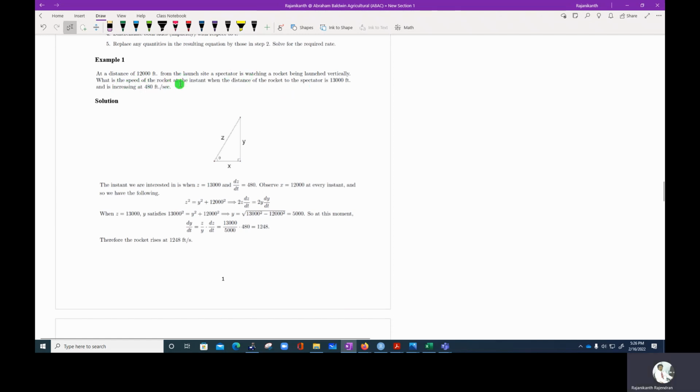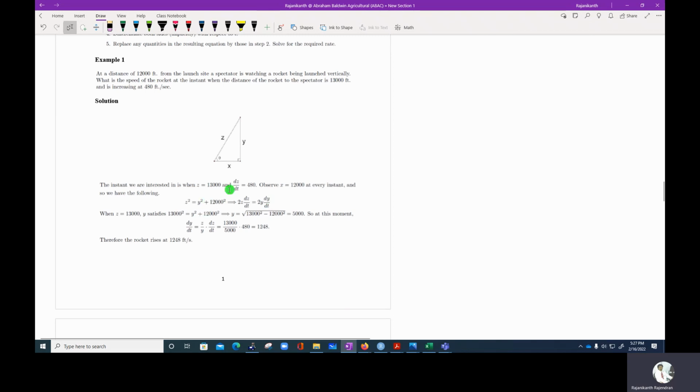We need to find the speed of the rocket. The rocket is launched here, going vertically. So this is the distance of the rocket after some time. So the question is now finding the speed of the rocket. In other words, it is dy over dt, right? So you need to find dy over dt.